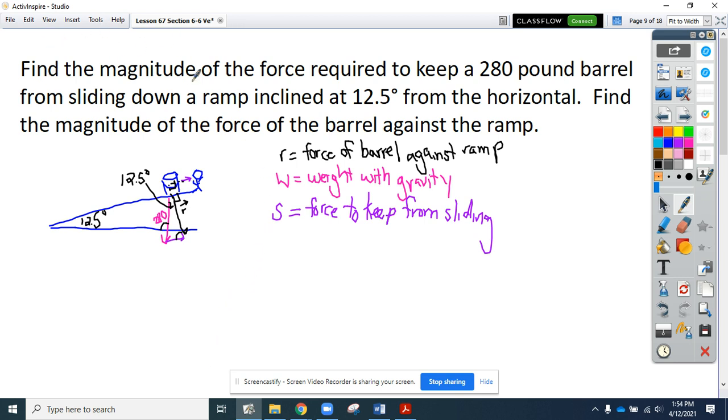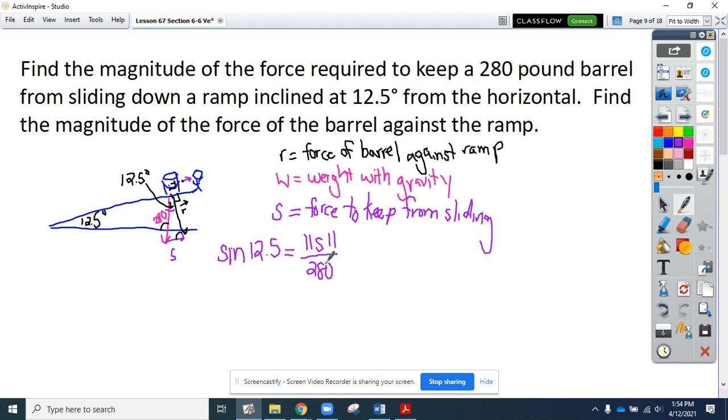It says find the magnitude of the force required to keep it from sliding. So I'm trying to find purple. Can I find the purple vector if I know that angle and that it's a right triangle? Yeah, of course I can, right? If that's my angle, if that's theta, I'm talking about the opposite, right? And I have the hypotenuse. That's just sine. So sine of 12.5 is the magnitude of my vector divided by the 280.